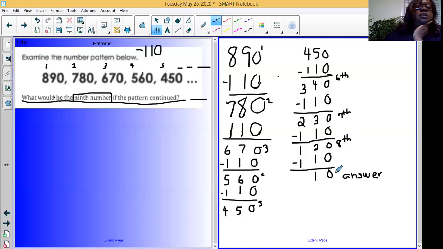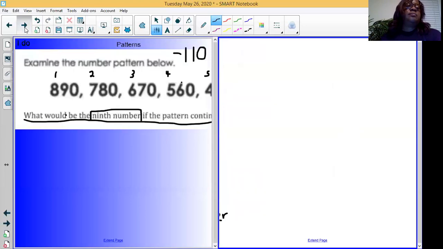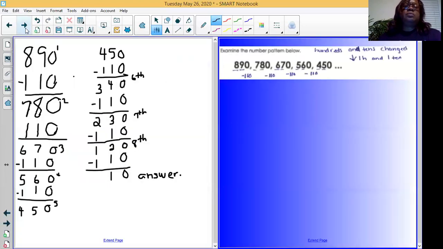So what would the ninth number be if the pattern continued? The answer would be 10, because this would be my ninth one. So I'll pause right there and let you catch up. Okay, if you need additional time, just pause your video.